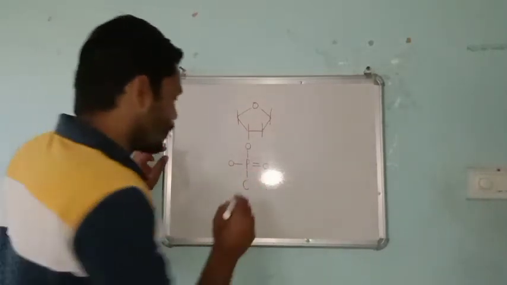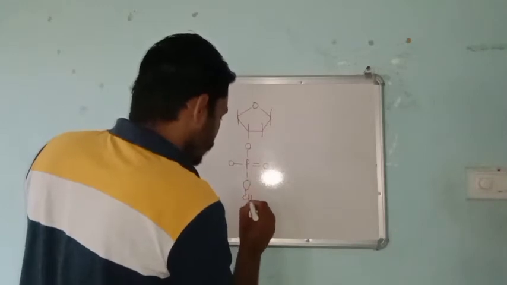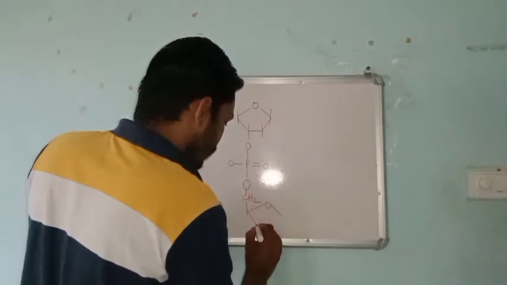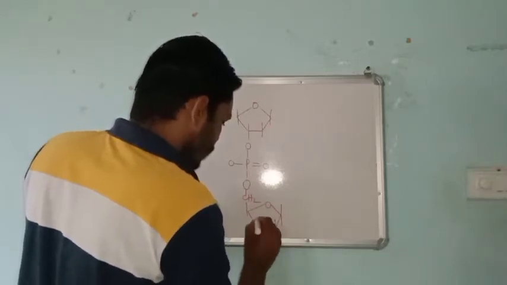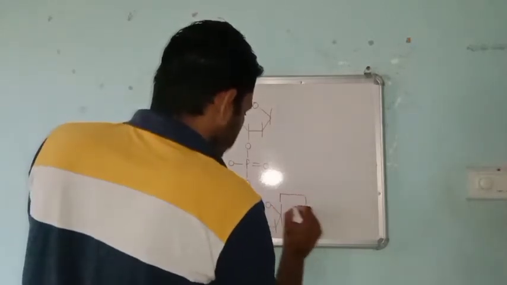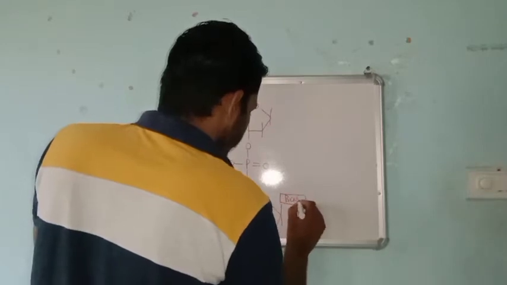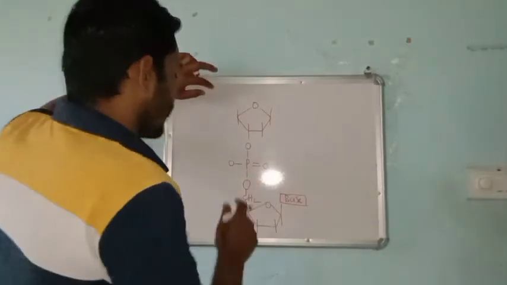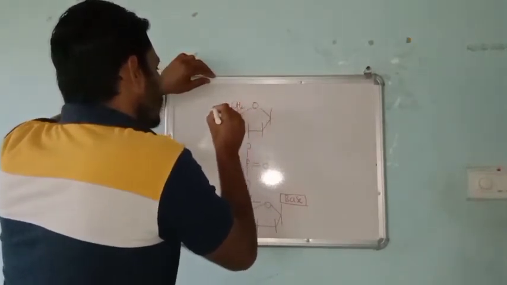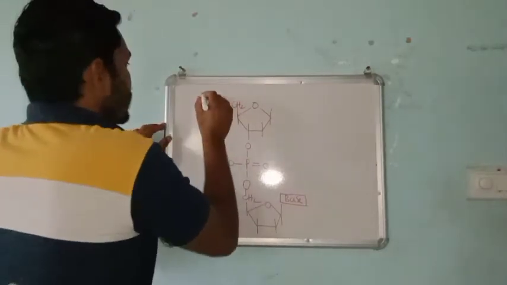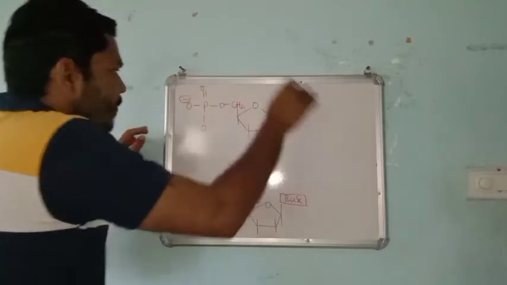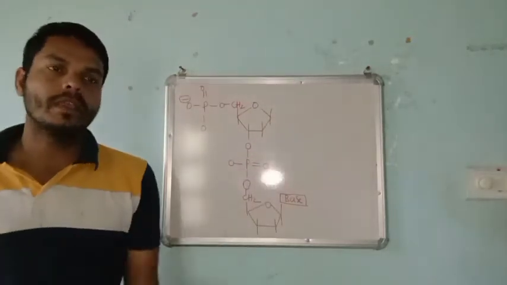Again there is an O and then CH2, O, and then it will be a continuation and there will be the same base at the first position. And now if I show this towards here, then it will be P double bond O, O minus. That means continuation of the next part.